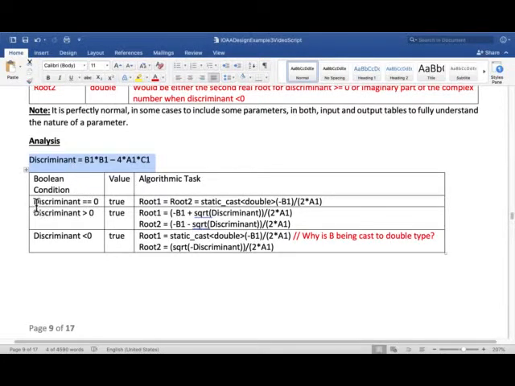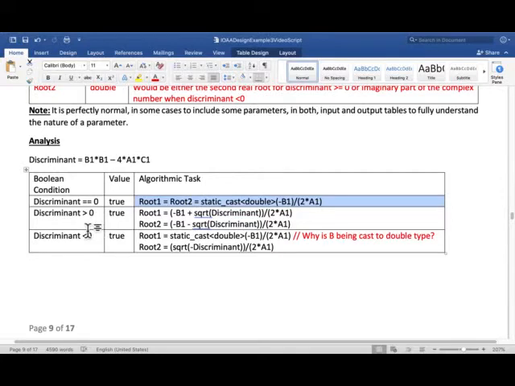If discriminant equals 0, if that is true, then really both root 1 and root 2 are the same, which is given by this expression. Cast to double b1 divided by 2 into a1. And casting is required because these are int, this, and this. And you don't want to throw away the decimal parts, so we have to cast to double type.